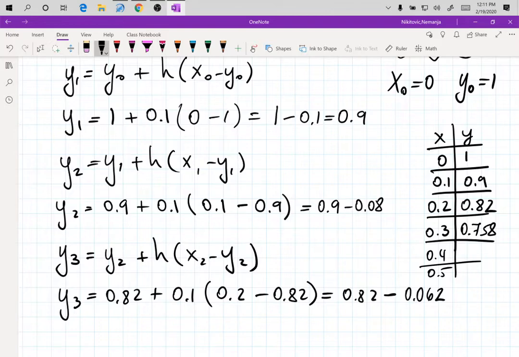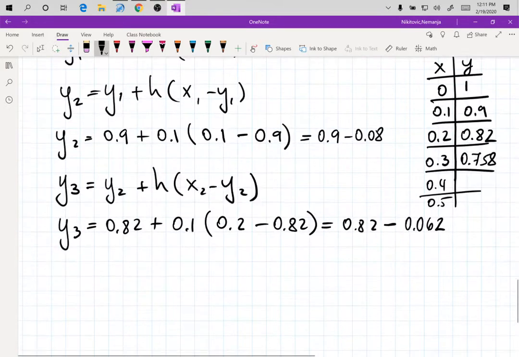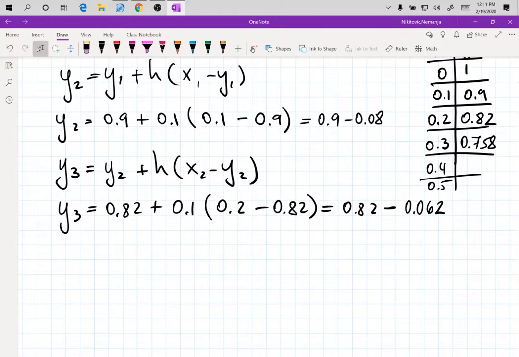So that would be the Euler method. And to calculate the error in the Euler method, you will compute the differences between the actual y's and the y's you calculated. That should be common sense. But we don't have actual y's, right?